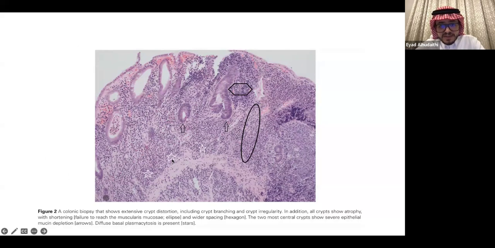And if you can see the star, this is what we call basal, because it's on the basal side of the mucosa. This is basal plasmacytosis, represented here by the star. You can take a picture of this slide because it's very important, and it has a nice explanation.